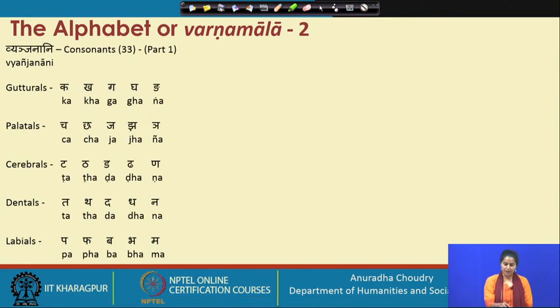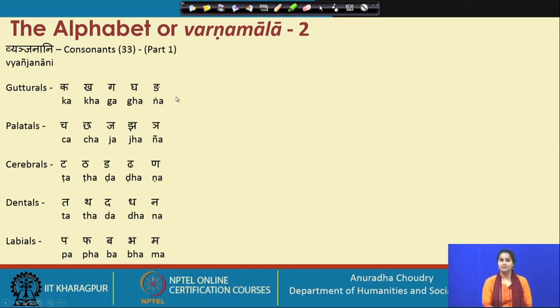So we see that we have the Sanskrit consonants, also known as the Vyanjanas. So Vyanjanani, because it's a neuter word. We have 33 of them that correspond again to the 5 places of pronunciation. So we have the gutturals or the kanthas, which are k, kh, g, gh, ng.